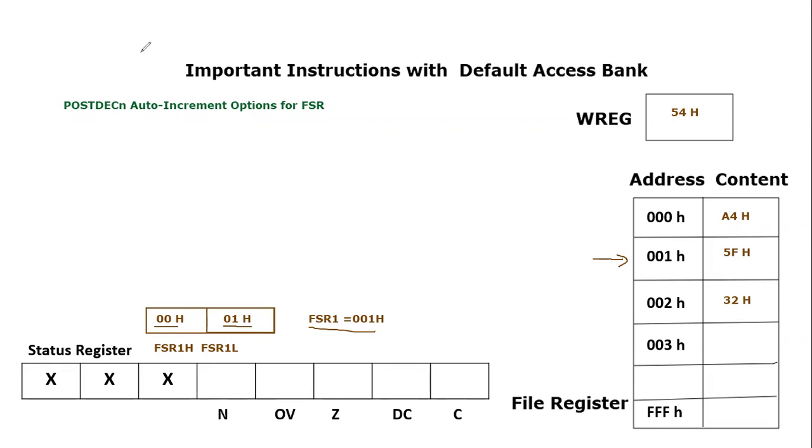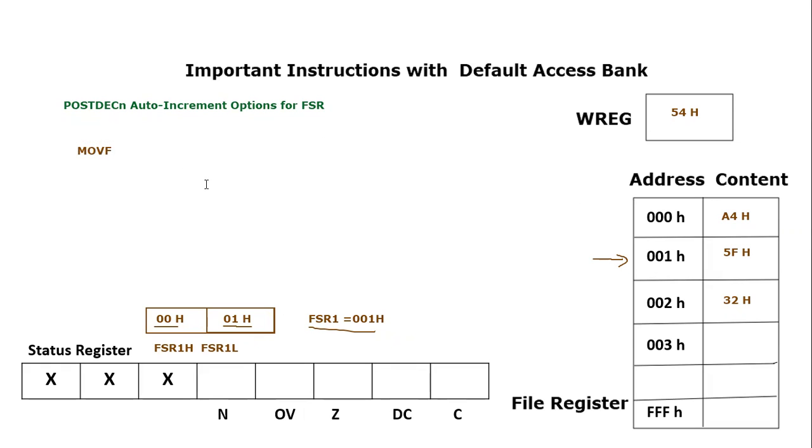So let's say we want to perform a certain function and I want to move that into the working register. So let's say MOVF, move file. It is a generally known instruction; we have already discussed it. So we want to move a file. What file? This file 001 hex, but we will use register indirect mode using FSR.